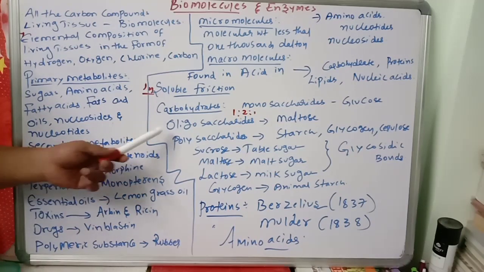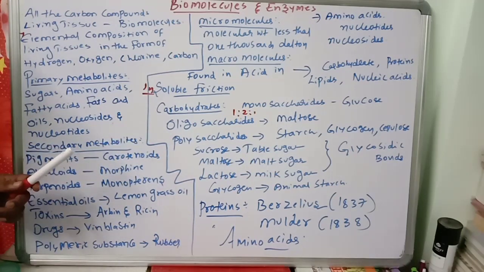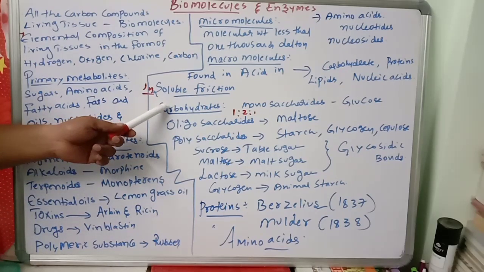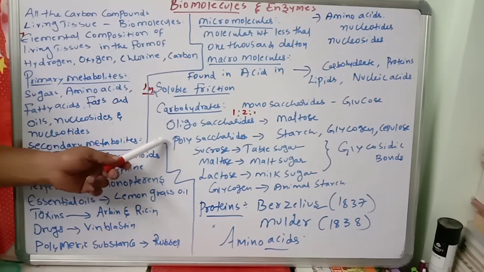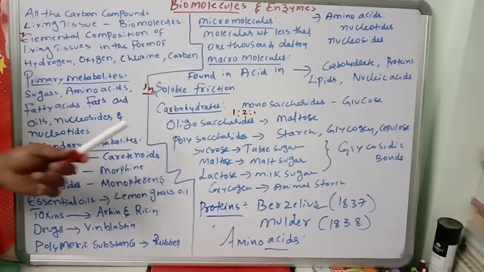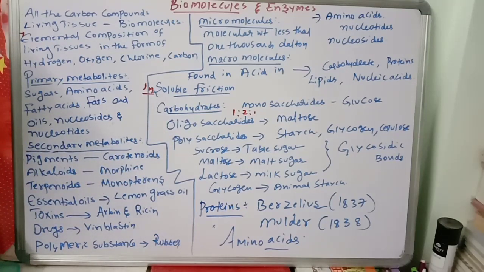Again, monosaccharides: glucose, fructose, galactose. Oligosaccharides: sucrose, lactose, raffinose. Polysaccharides: starch, glycogen, cellulose, and chitin. These all are very useful and perform different types of functions.